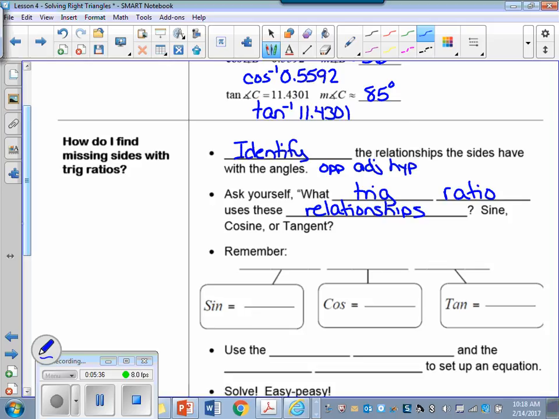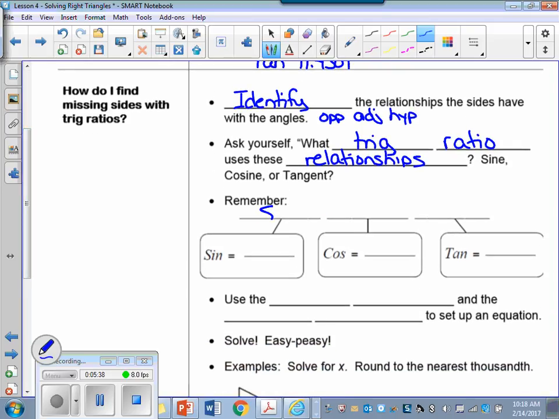Don't forget your mnemonic. So, SOH CAH TOA. So sine is opposite over hypotenuse. Cosine is adjacent over hypotenuse. And tangent is opposite over adjacent.